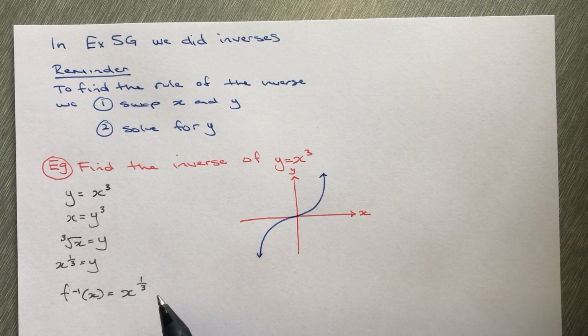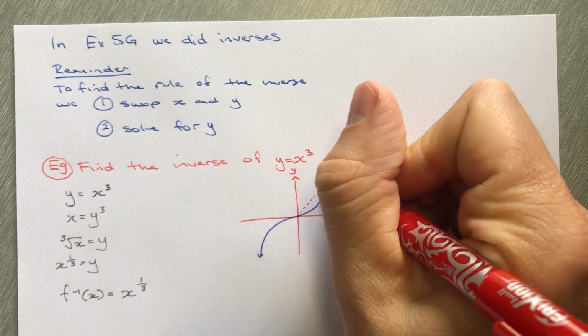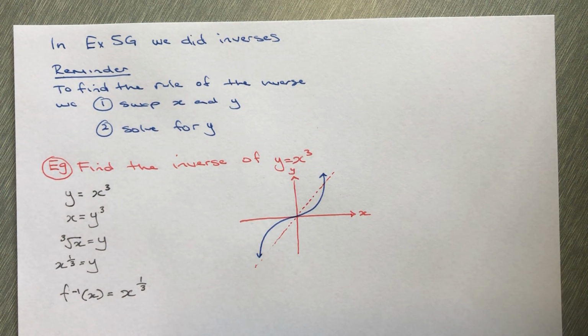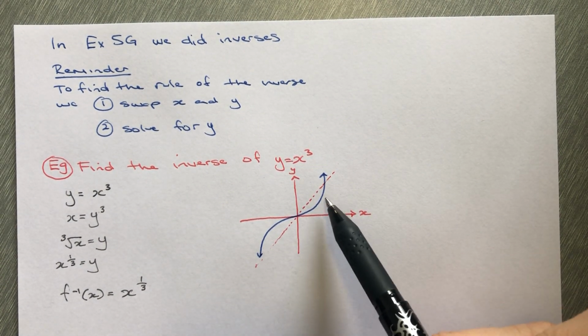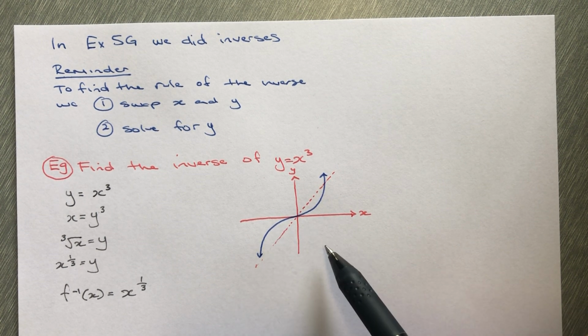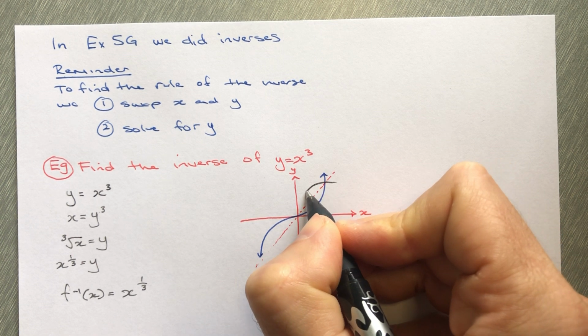Now the inverse graph is going to be reflected in the line y equals x, which is this line here. Hopefully you remember that. So that means that everything that was on this side of the line is going to move to that side. Everything that was on that side is going to move to that side. So the inverse is going to look something like this.